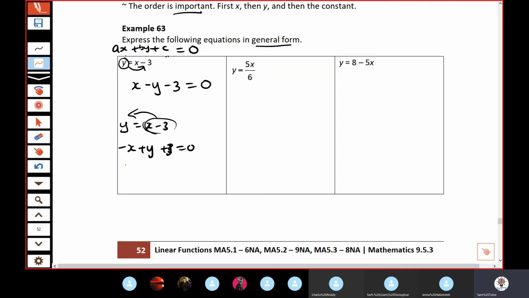Negative becomes a positive, positive becomes a negative. So there's a little trick: if you ever have x being negative, you just change all signs.